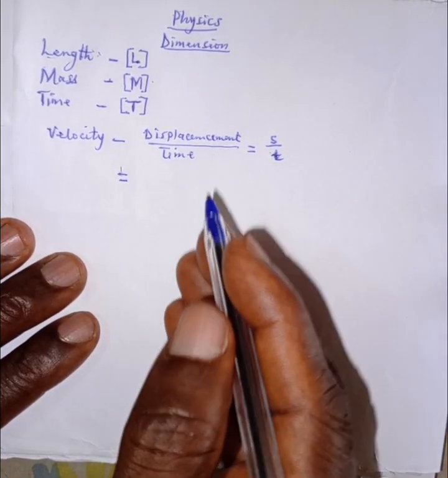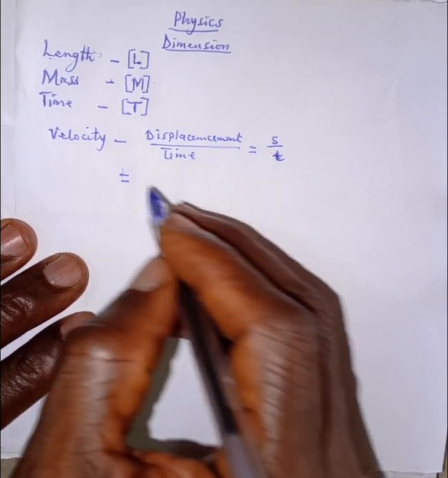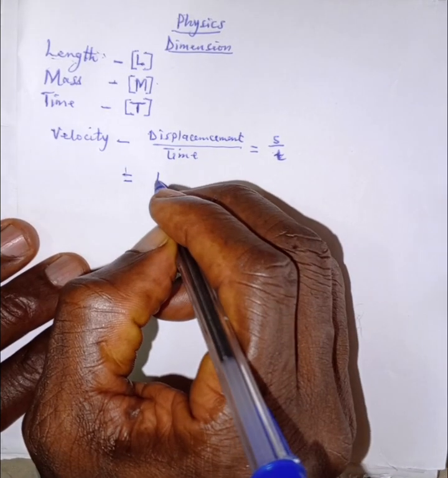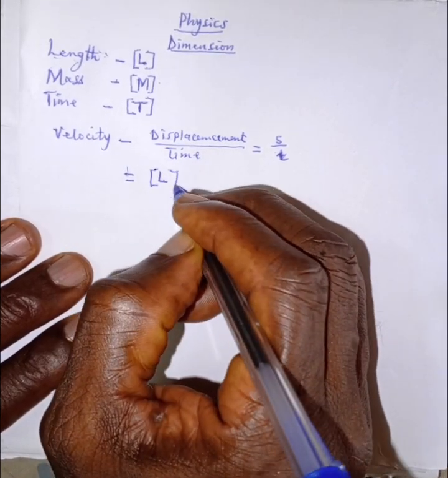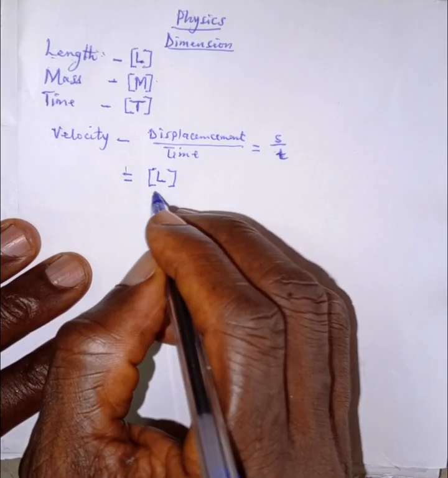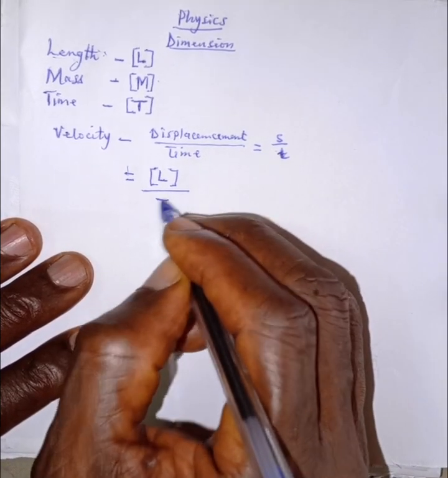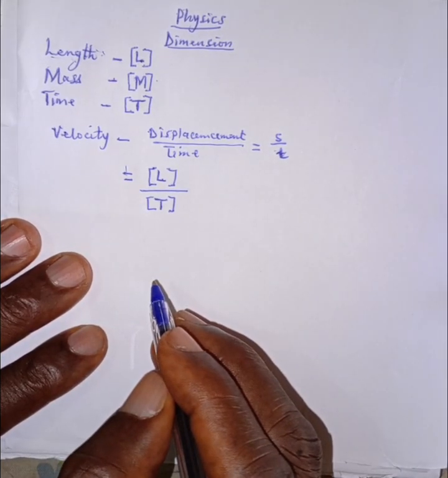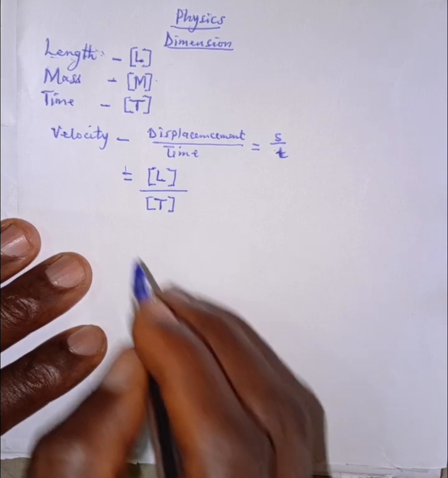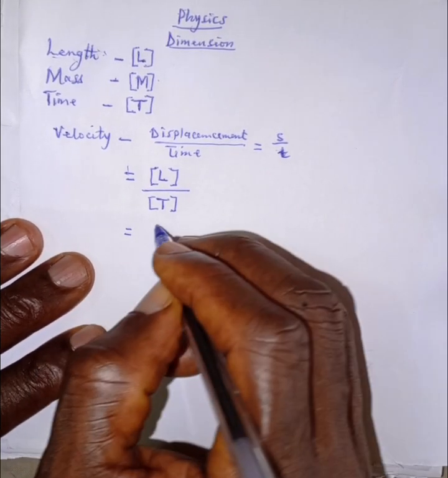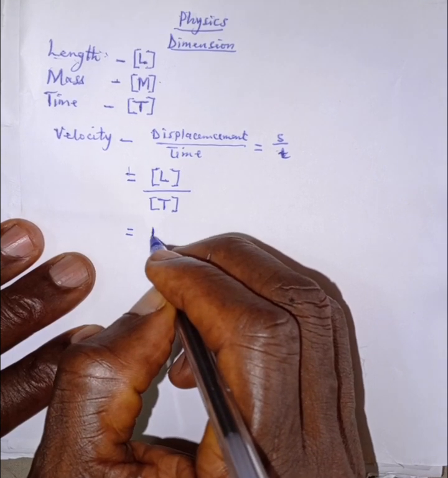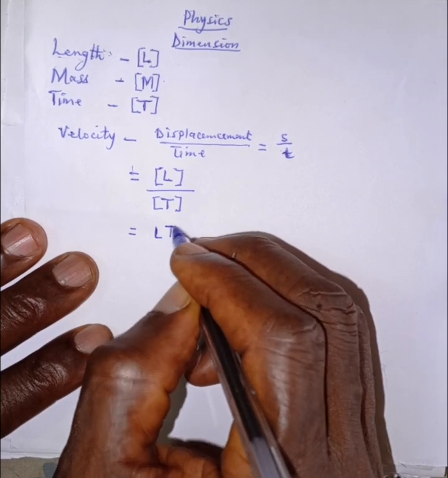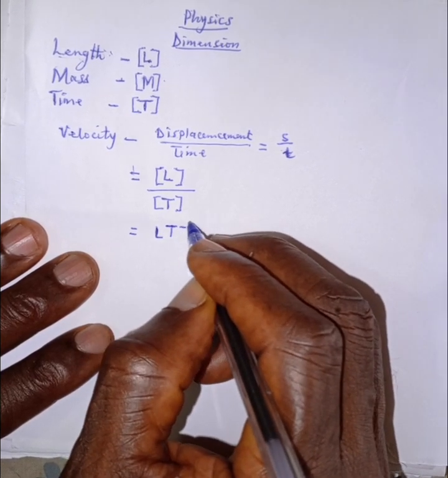Since it is a distance, we represent it by length, L in square brackets, and time we represent by T, also in square brackets. Do you understand it now? You can now say length divided by time, which is LT raised to the power minus 1.